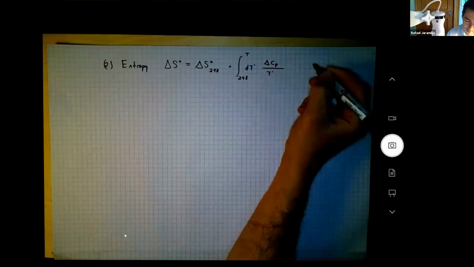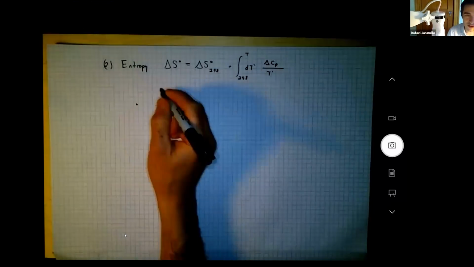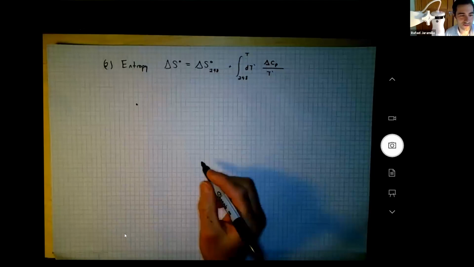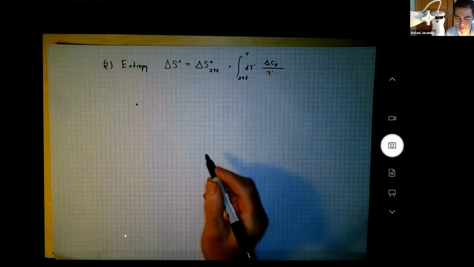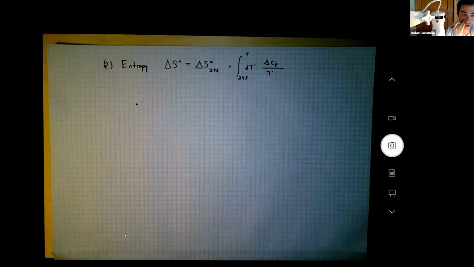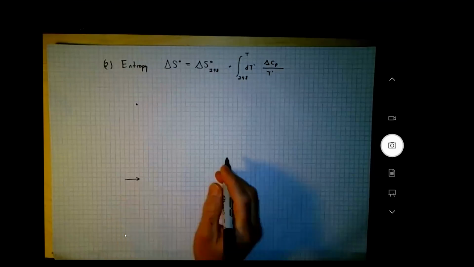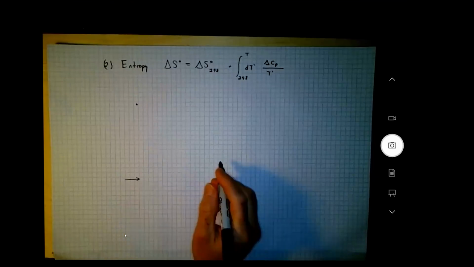Okay, so who has a guess at what we're going to do? We're going to approximate this as what? What approximation do I want to justify? Aren't entropy values usually much smaller? So if the enthalpy is already so big, we could assume entropy is 0.